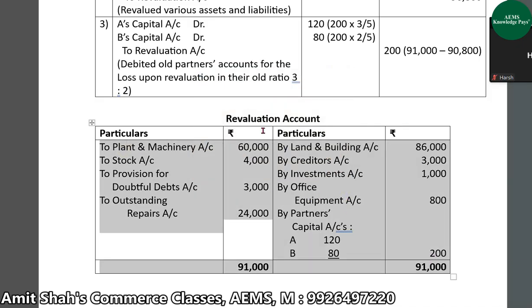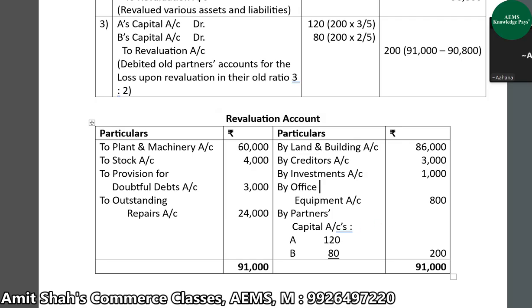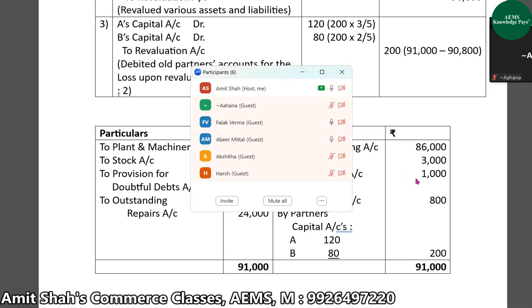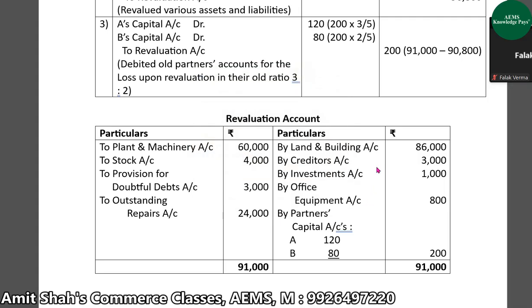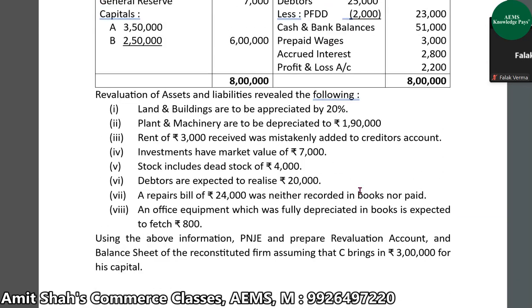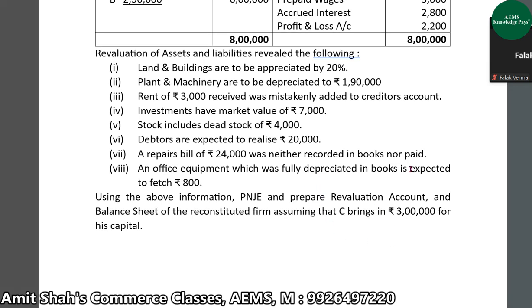So I hope guys you all have understood how to prepare revaluation account. Yes or no? Yes, sir. Okay. Now in this question, we also have to prepare balance sheet of the reconstituted firm.